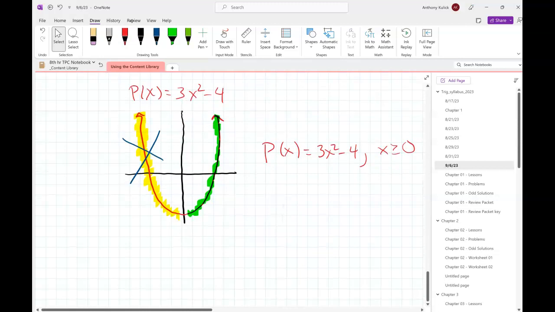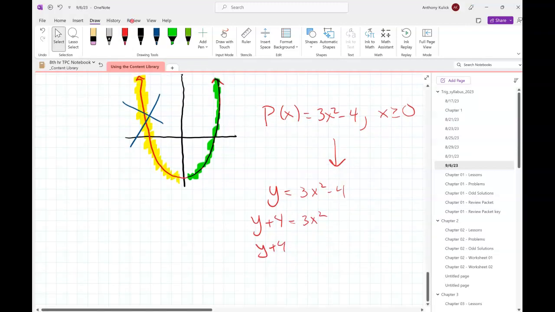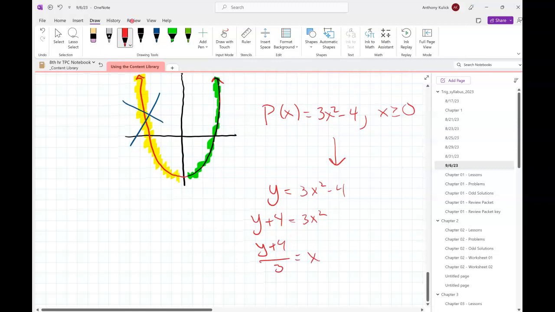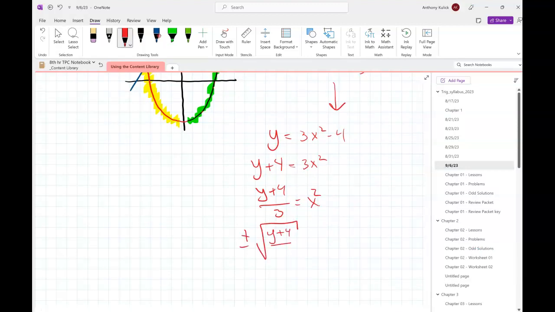So if I take this as my P of x and I try to find the inverse, what's going to happen now? Well, the steps are going to stay the same, right? I'll add 4. I'll divide by 3. We'll square root both sides. But here's the place where we get some advantage.